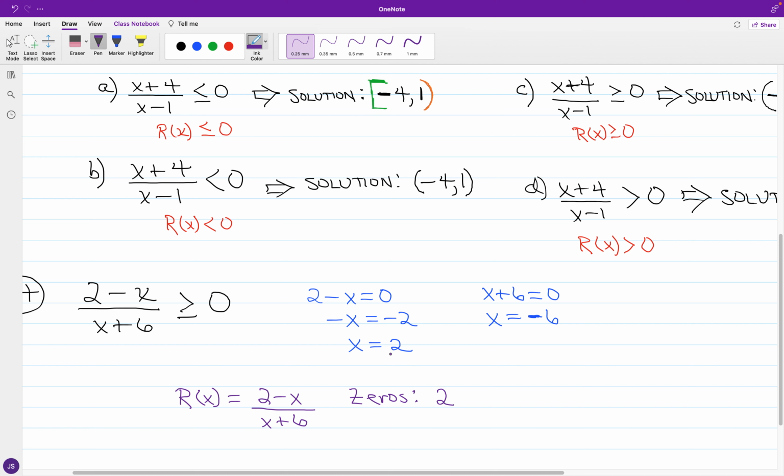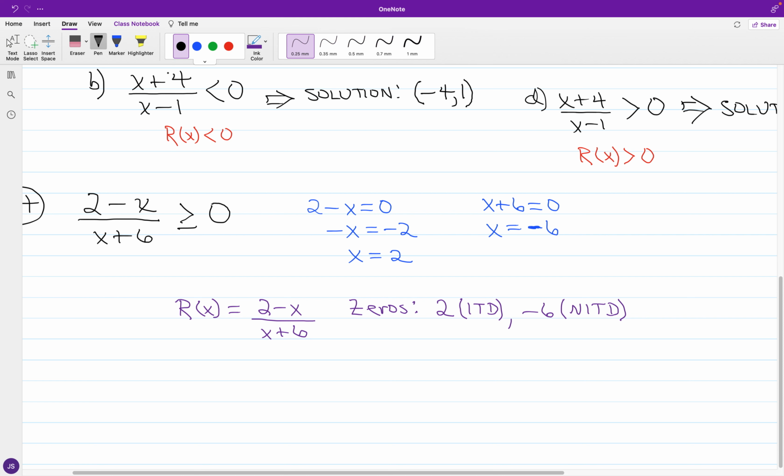So you got 2, and this comes exclusively from the numerator expression. So 2 is going to be in the domain. And we have -6 to stem from the denominator expression x plus 6. Since we cannot have a 0 denominator in the real number system for a given ratio case, -6 is not in the domain.